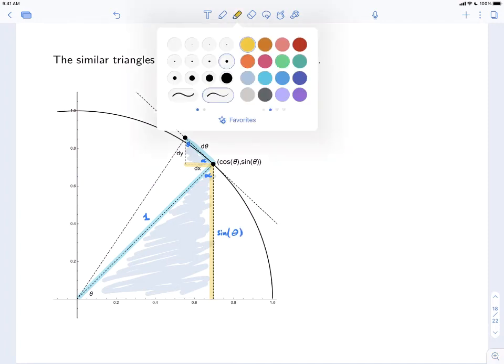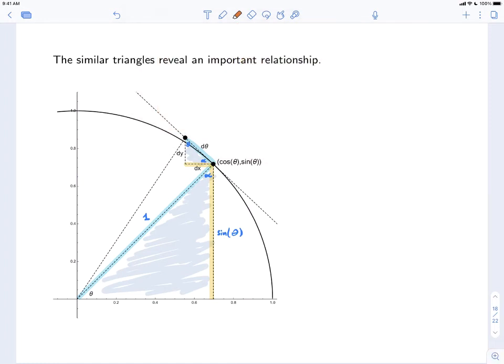And furthermore, if we change our color, we have that this length going from theta to the right angle corresponds to this one going from theta to the right angle. So that one is length dy, and that corresponds to this length, which is cosine of theta. Because cosine of theta is the x value, which tells you how far along the x-axis you've gone.